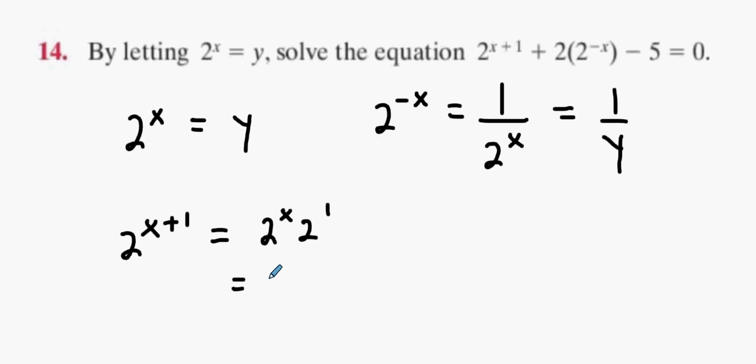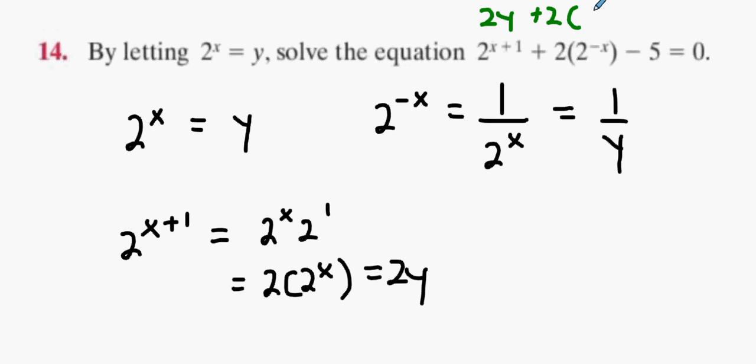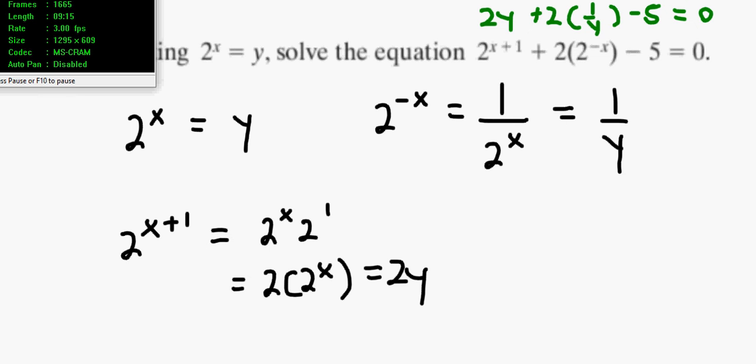Which makes it 2 times 2 to the x, which makes it 2y. So here's your equation now. This turns into 2y plus 2 times 1 over y minus 5 equals 0. I'll stop there.